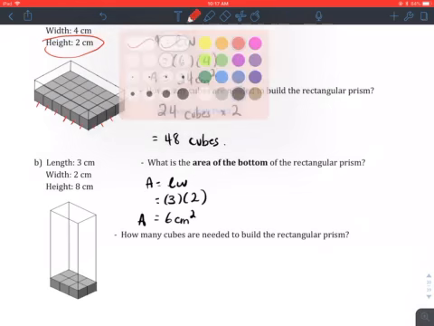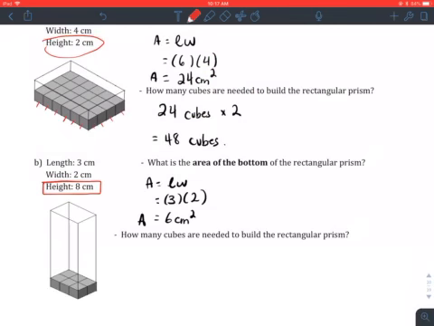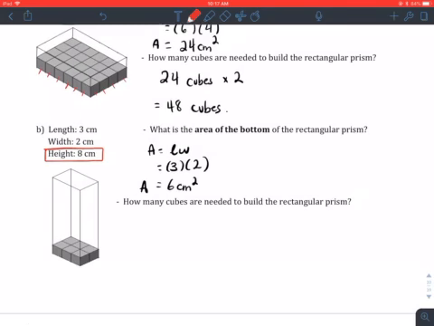Okay, this time our height is changed, and our height is 8. So if the bottom layer of this prism takes up 6 cubes, I have to figure out how many cubes I need to raise the height of this prism to 8. So what we're going to do is take the 6 cubes for the base and multiply it by the 8 layers in total, to get the total number of cubes.